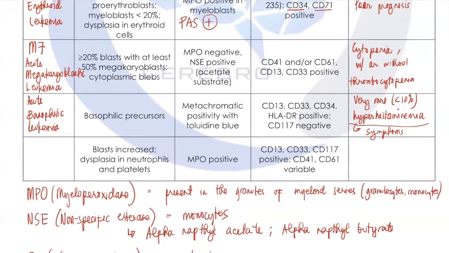Okay? And lastly, we have acute panmyelosis with myelofibrosis. So acute panmyelosis with myelofibrosis. Okay, so this is MPO positive, obviously, because it is affecting neutrophils.